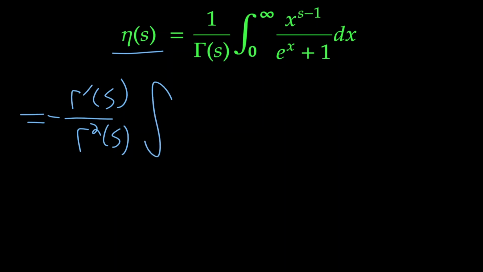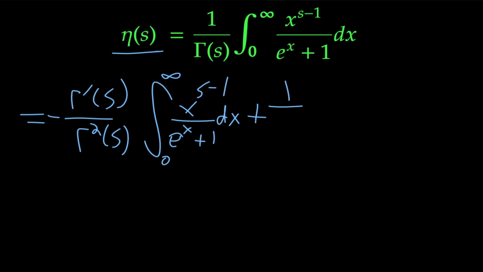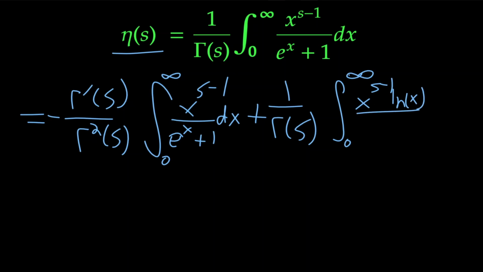And then we have the integral from 0 to infinity of x to the s minus 1 over e to the x plus 1 dx. And then just taking care of the integral term for the product rule, we have 1 over gamma of s, and then times the integral from 0 to infinity of x to the s minus 1 times the natural log of x, and then over e to the x plus 1, and then dx.